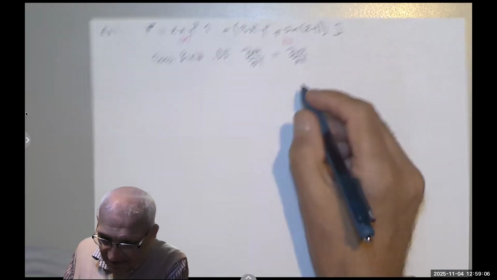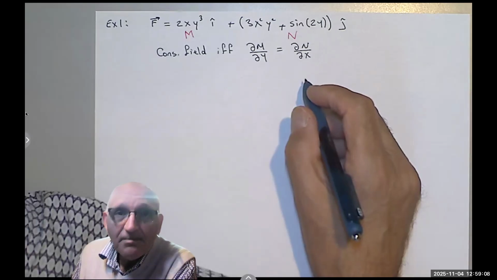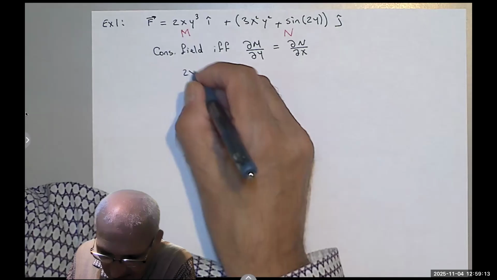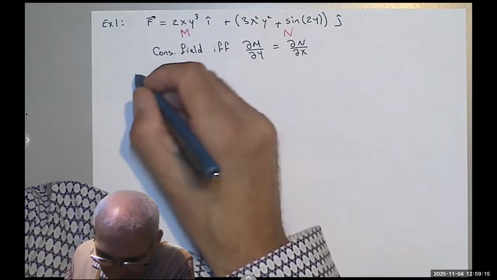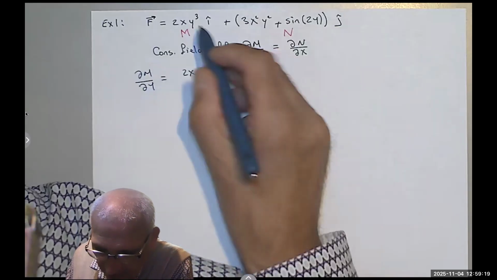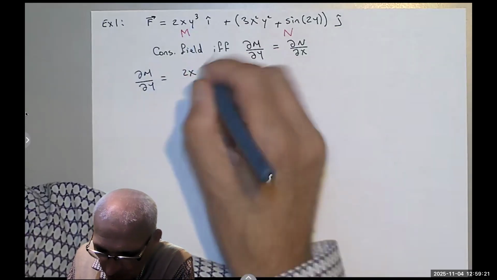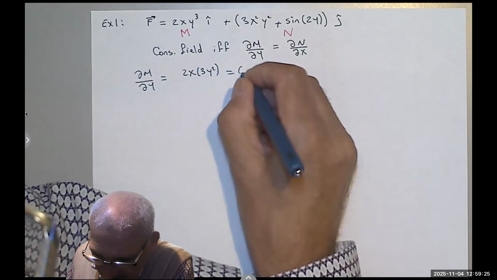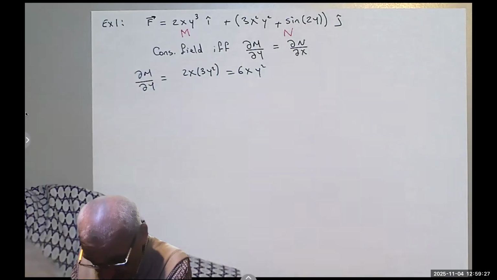So let's see what partial M by partial y is. 2x becomes a constant, and the derivative of y cubed with respect to y is 3y squared, meaning it's 6xy squared.